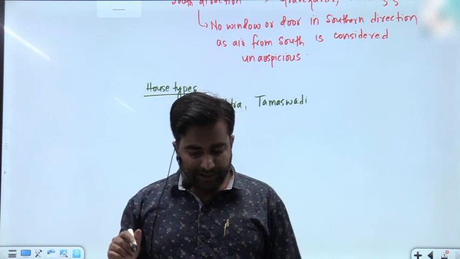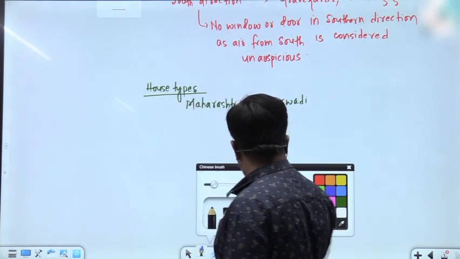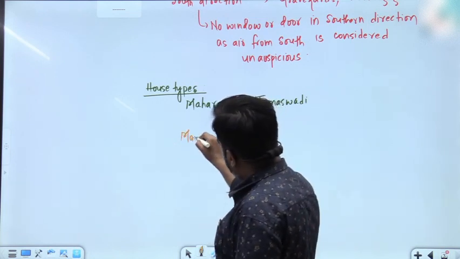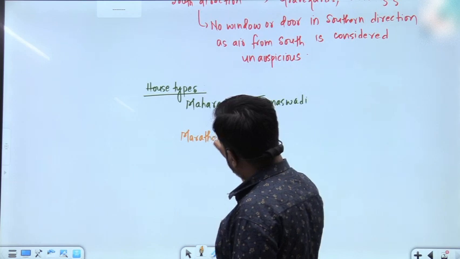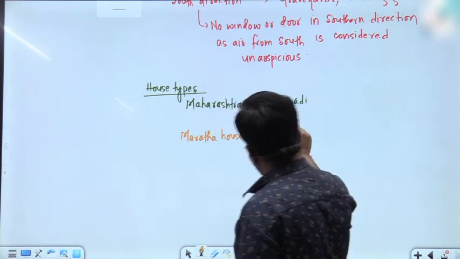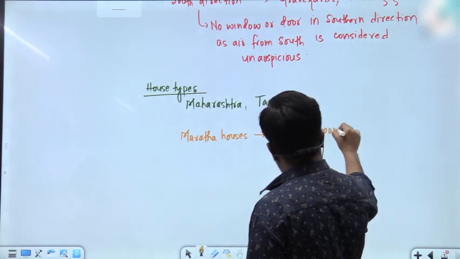So if somebody is Maratha, which is considered one of the dominant castes, Maratha houses generally have 2 to 4 rooms. Even in the villages they have more rooms.